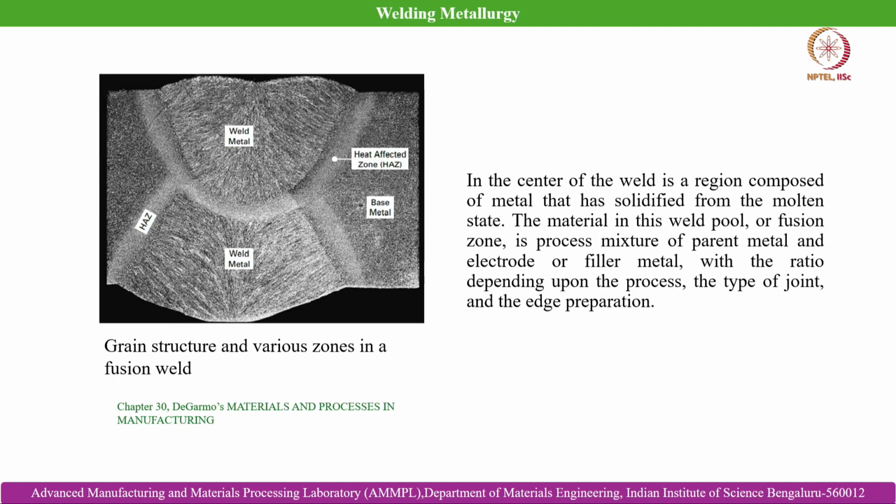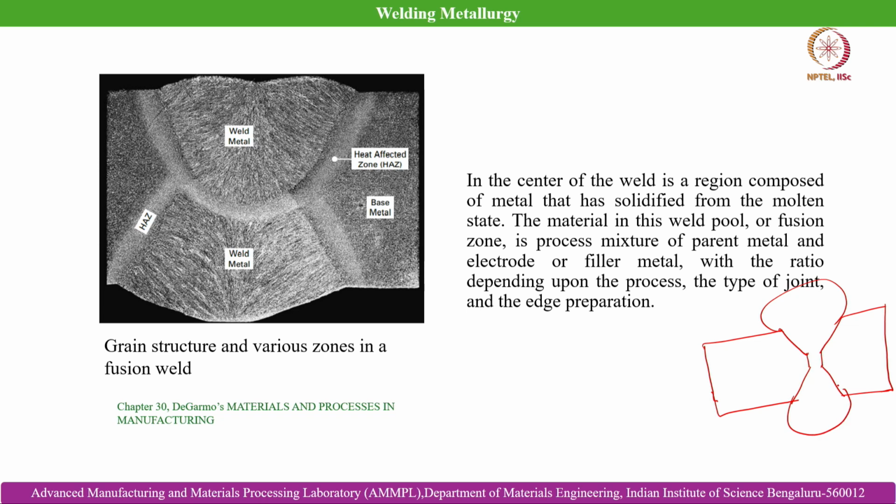Moving on, this is a typical grain structure, and various zones are shown in case of a fusion weld. This is a case of a double V butt joint. Please recall that we discussed in the former class that when we have to deal with a bigger joint thickness, instead of a single V we often resort to a double V configuration.